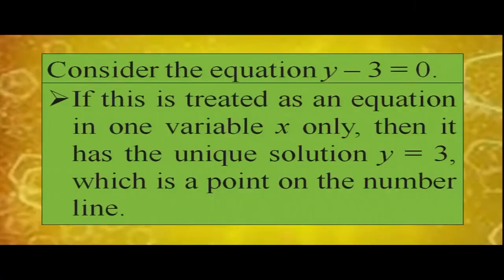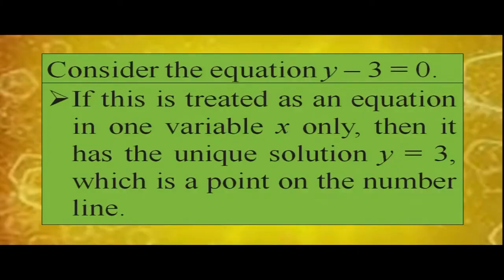Now consider another equation, that is y - 3 = 0. If this is treated as an equation in one variable y only, then it has the unique solution y = 3, which is a point on the number line.